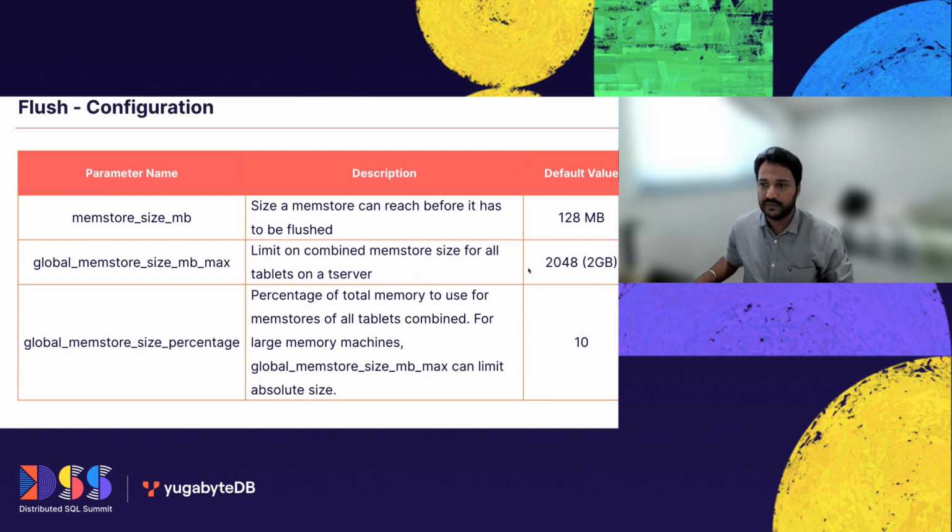So on a particular T-server, if combined memstores grow beyond 2 GB, then they're all flushed. Or we have a global memstore size percentage, which is the 10%. So if all the memstores combined take 10% or more of the system's available memory, then they are queued for flush.